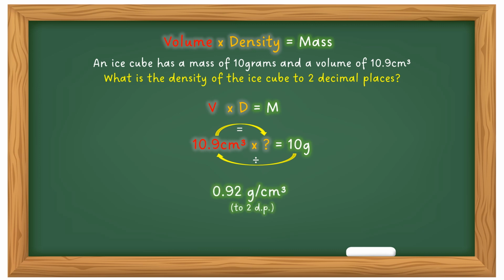And the answer to that is 0.92 grams per centimeter cubed. And that's the 2 decimal places. But the point is you can see now that you have grams here and you have centimeters cubed, 2 different denominations. And when you get 2 different denominations, you keep them and you present them as grams per centimeters cubed. Okay, keep that in mind.